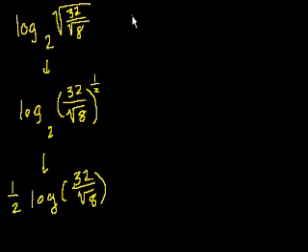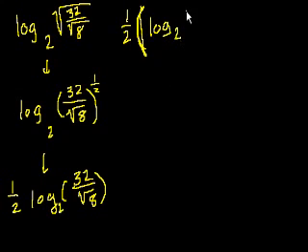And now we have a little quotient here. Well, we can use our other logarithm property. Let's keep the 1/2 out. That's going to equal 1/2 times, in parentheses, logarithm base 2 of 32 minus, because this is a quotient, the logarithm base 2 of the square root of 8.